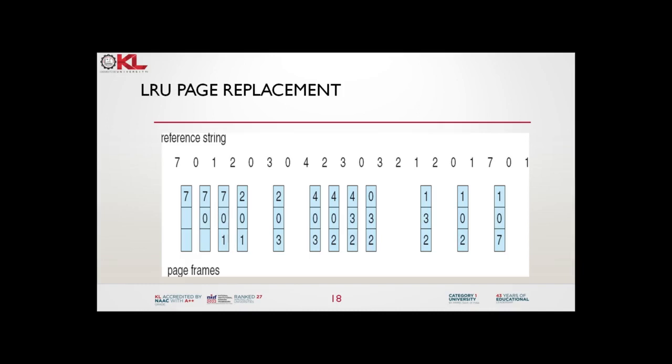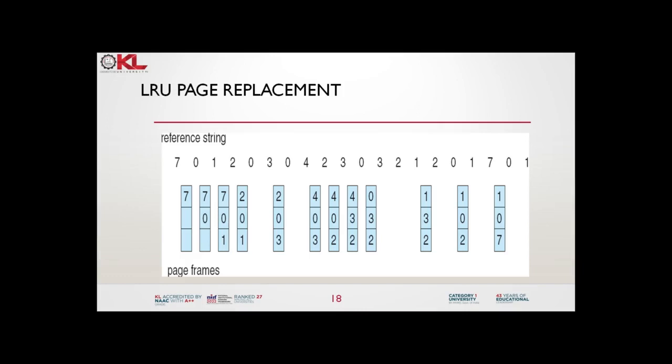That's the point you should understand. We look in this direction, towards the past. Recently used but least. So 7 is the least one, so I replace this with 7.